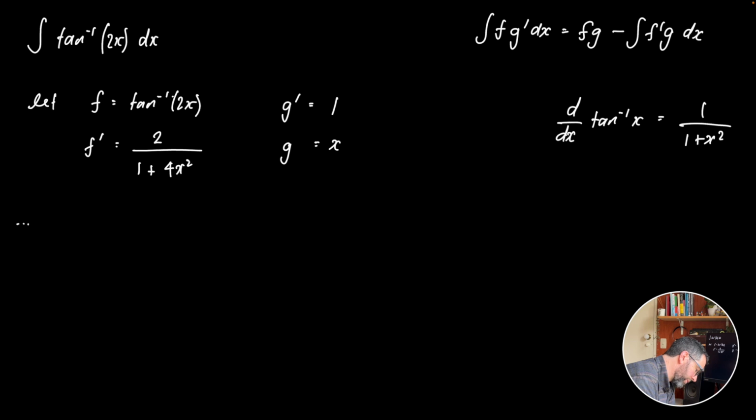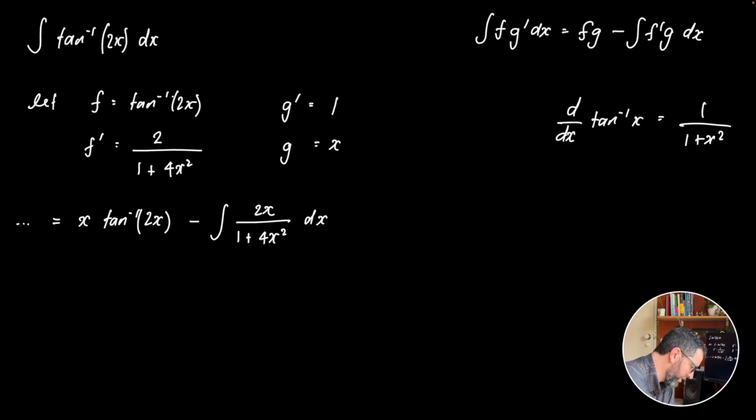Therefore, our integral is going to equal f times g, so x times tan inverse of 2x, minus the integral of f prime g, 2x over 1 plus 4x squared dx.